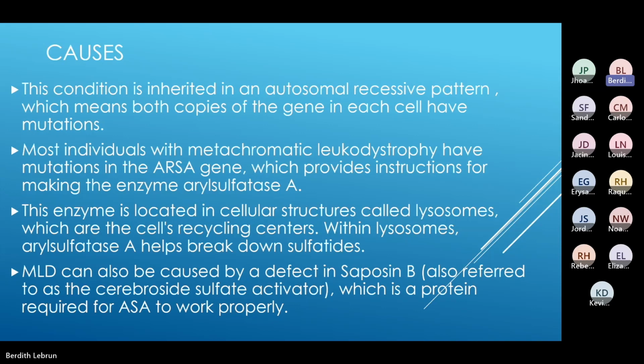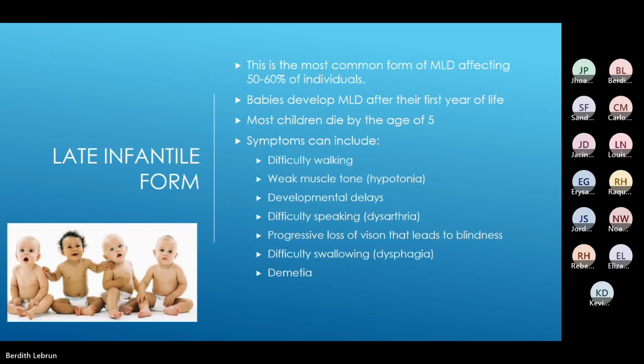Within lysosomes, arylsulfatase A helps break down sulfatide. MLD can also be caused by defects in saposin B, also referred to as the cerebroside sulfate activator, which is a protein required for ASA to work properly.